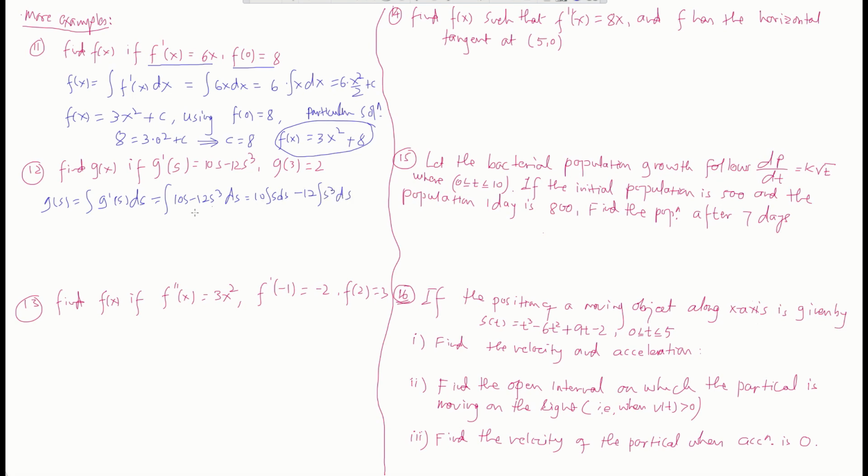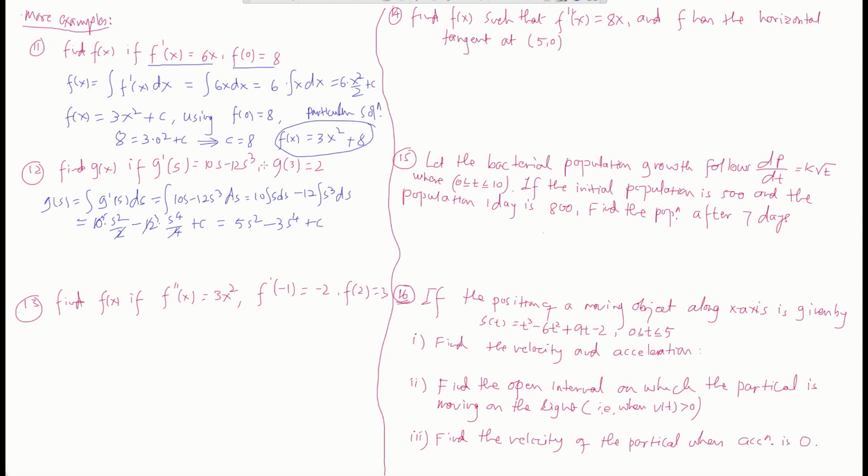So you get 10 times s squared over 2, minus 12 times s to the 4th over 4, plus c. If you simplify this, you get 5s squared, because 10 over 2 is 5, and similarly 12 over 4 is 3, so minus 3s to the 4th plus c.